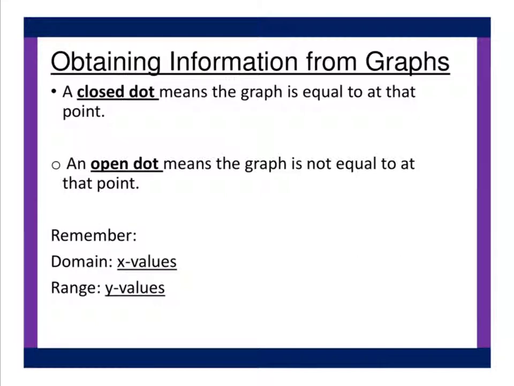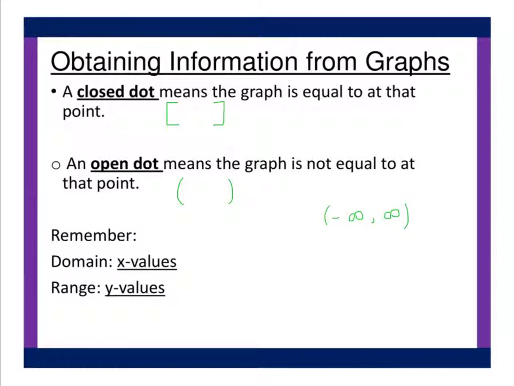When we see a closed dot, or when we're equal to, we need to put brackets. When we see an open dot, or something not equal to, we need to put parentheses. We need to keep in mind we're going to be dealing with some infinities, like we might say at some point that our domain is all real numbers, which is from -infinity to +infinity.